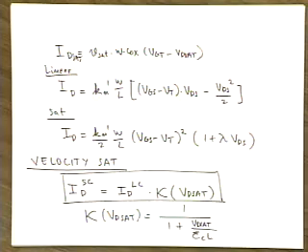So your relationship ID versus VGS is less than quadratic, so it's approximately linear, or at some factor that is between 1 and 2.